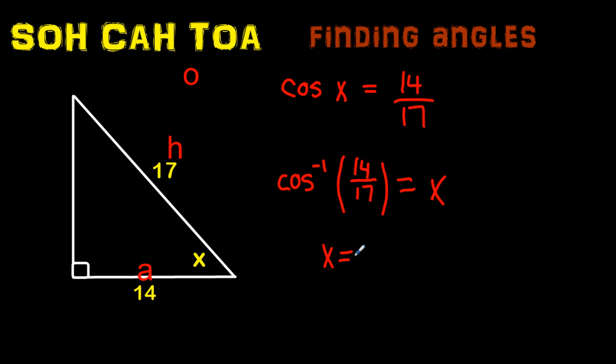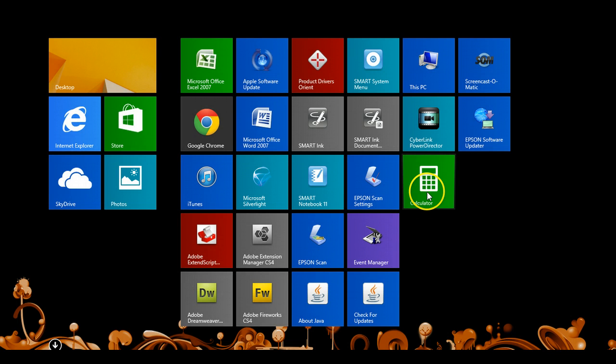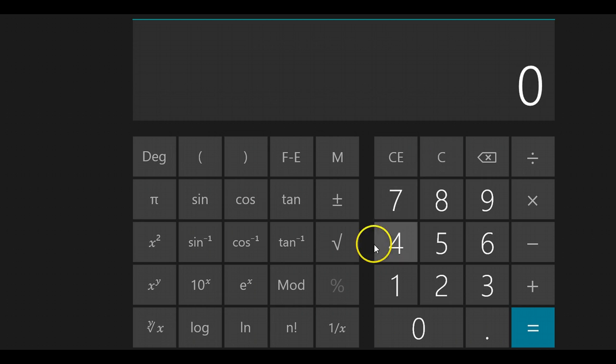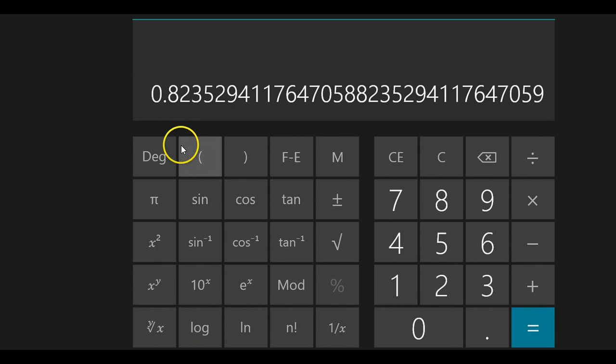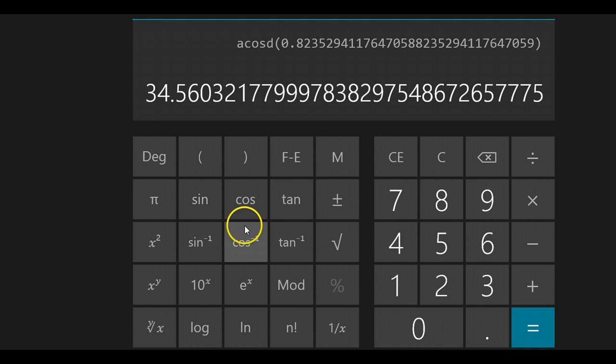Okay, so 14/17, that's getting kind of closer to 1. So let's go ahead and calculate that. 14/17 is 0.8235, and we'll do the inverse cosine. 34.56 degrees.